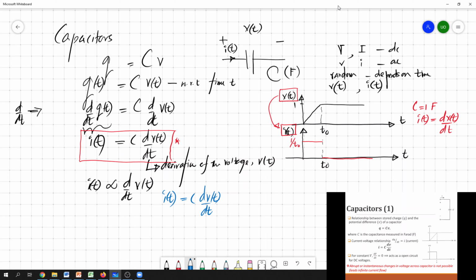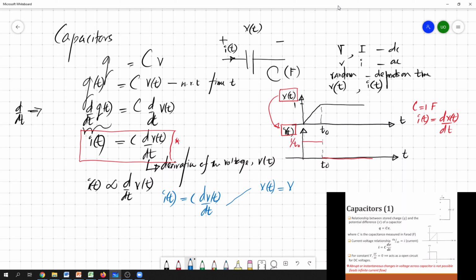What happens when this voltage is a fixed constant value or a kind of DC value? If you are given a fixed DC voltage across the capacitor, what's the induced current?